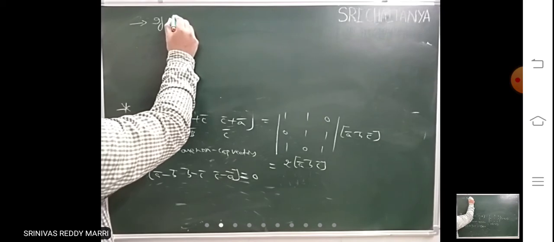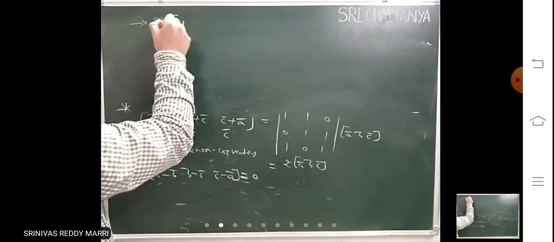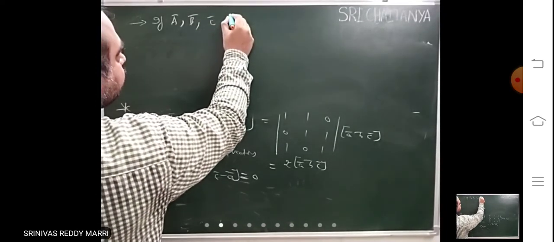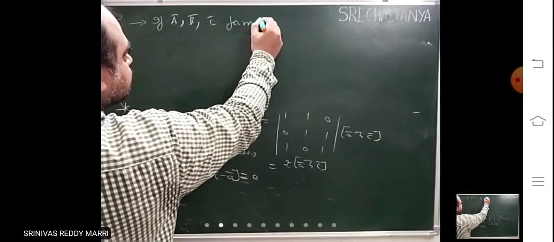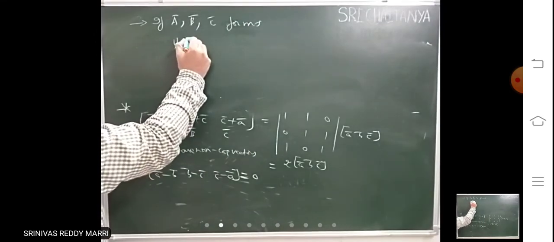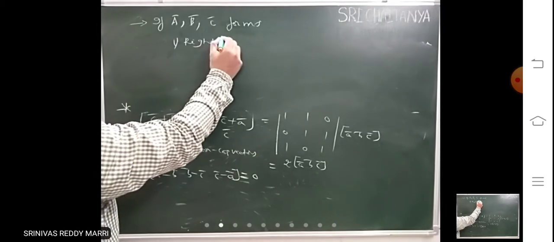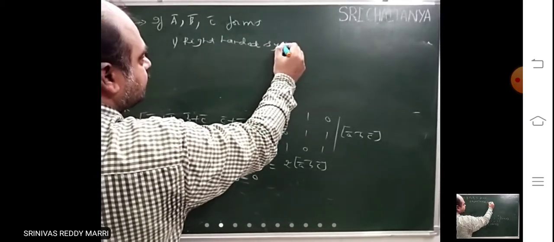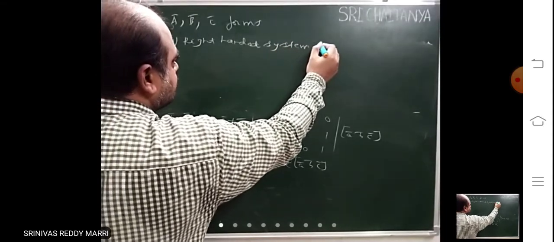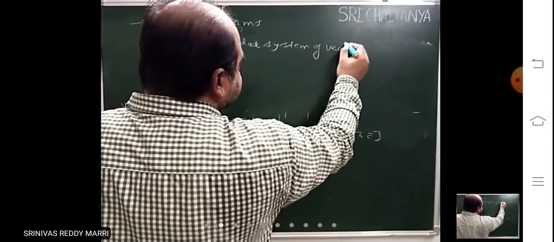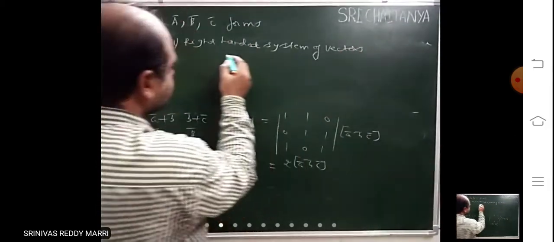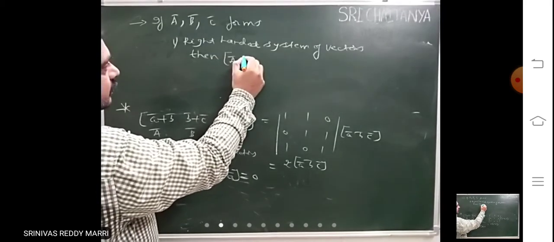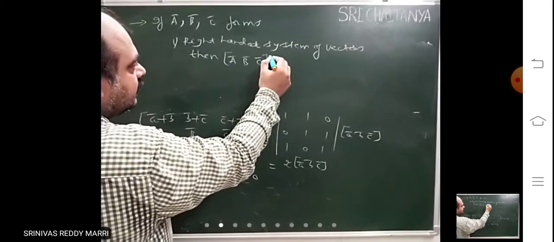If three vectors A bar, B bar, C bar form a right-handed system of vectors, then the box product is greater than 0.